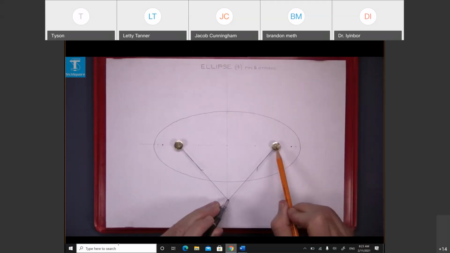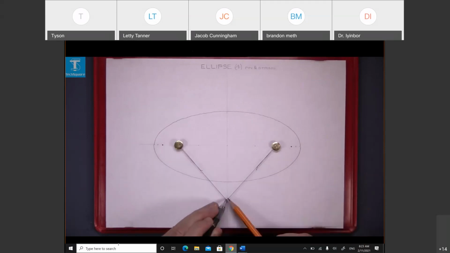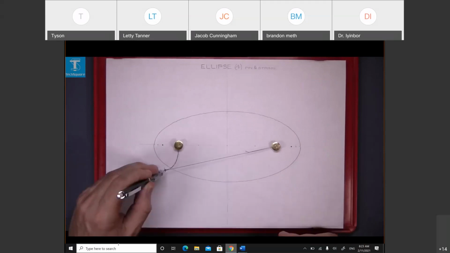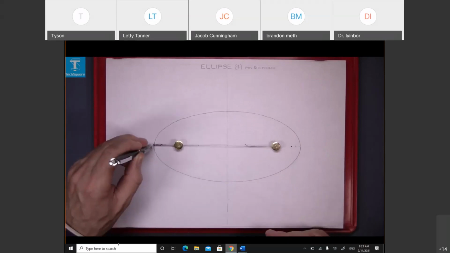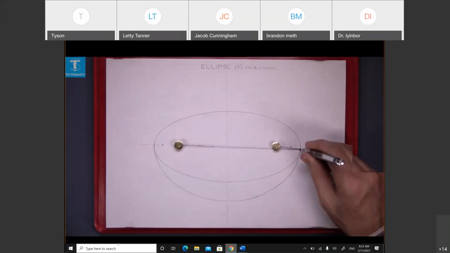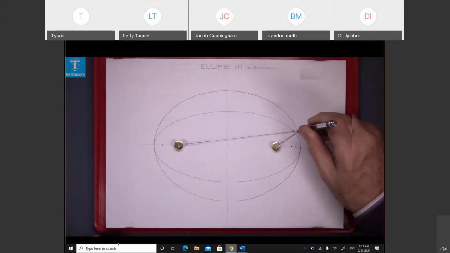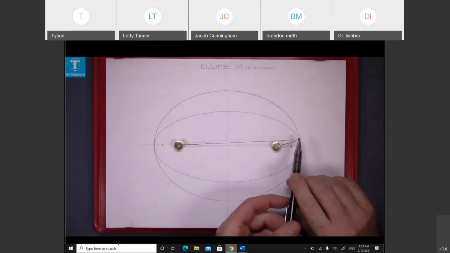I've moved the pins in now about 10 millimeters. Now the string comes out further, so the ellipse is going to be wider. Same length, but wider. Now that's one half of it, the top half, and that's another ellipse done.